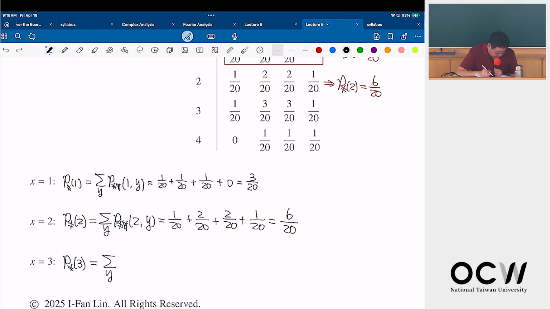When x equals 3, do the summation. So for the third row, that would be 1 over 20 plus 3 over 20 and 3 over 20. Last one, 1 over 20. It is 8 over 20.